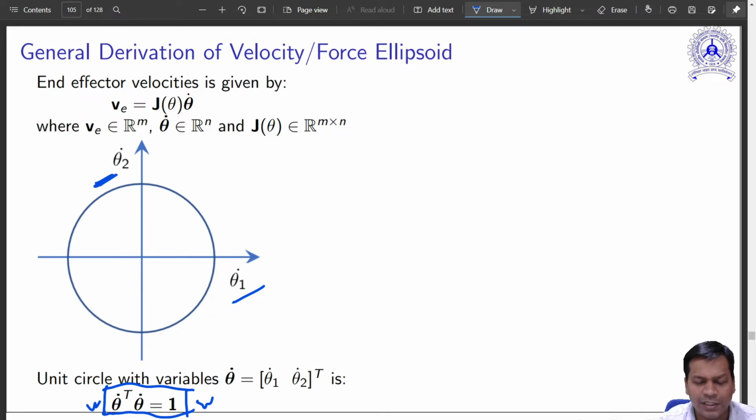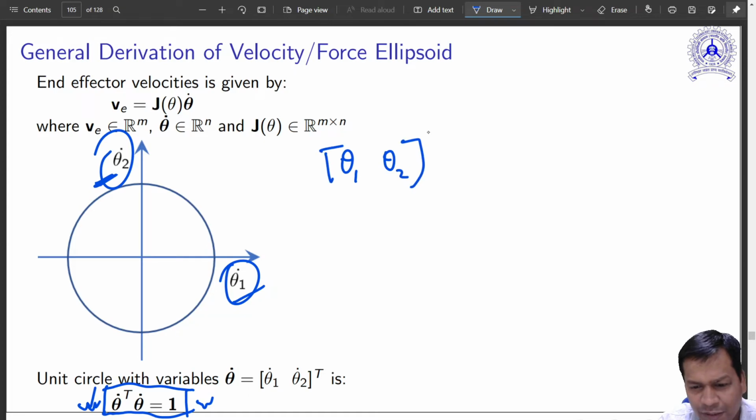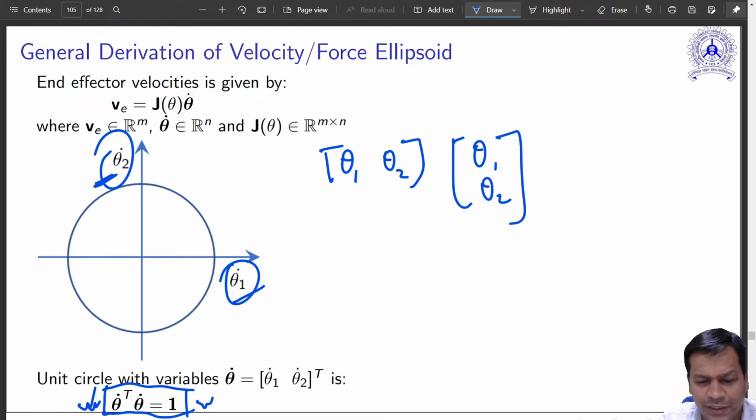This can be easily derived if you just see this, because these are the sums of the magnitudes. So you can write it like this: x square plus y square is equal to radius square. Over here it is x, this is y. So if it is theta 1 theta 2, I can write it as theta 1 theta 2 like this, and theta 1 theta 2 like this. So what is this? Transpose of this is this.